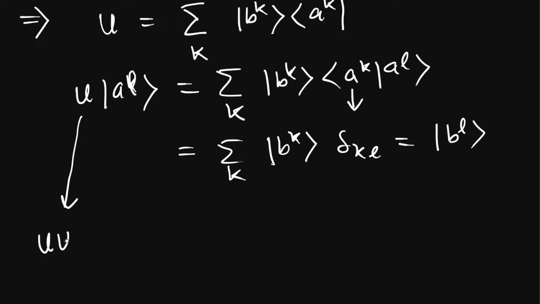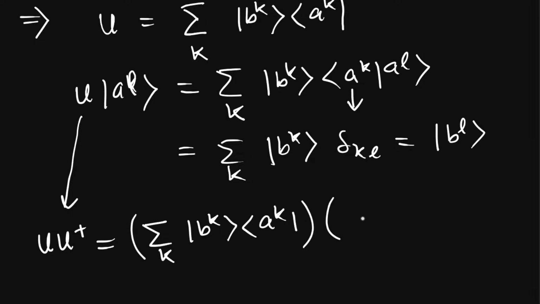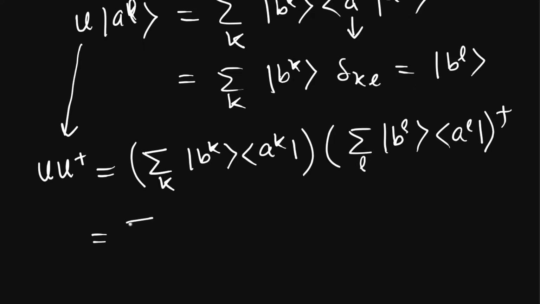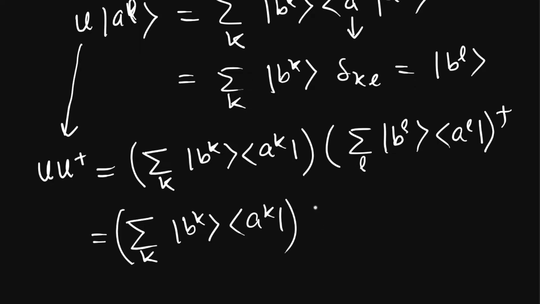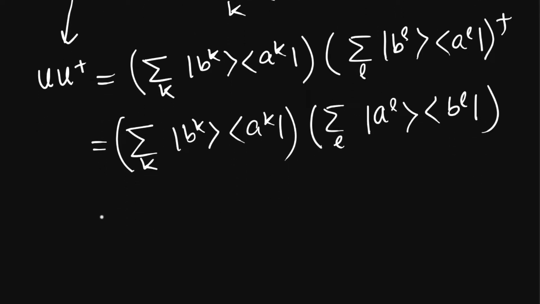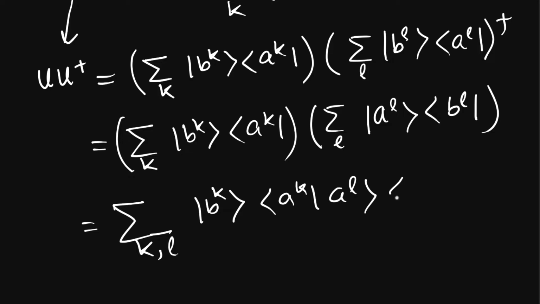U dagger equals summation of k bk ak, into summation of l bl al dagger, which is summation of k, summation of l, al bl, which is nothing but summation of k comma l bk ak al bl.